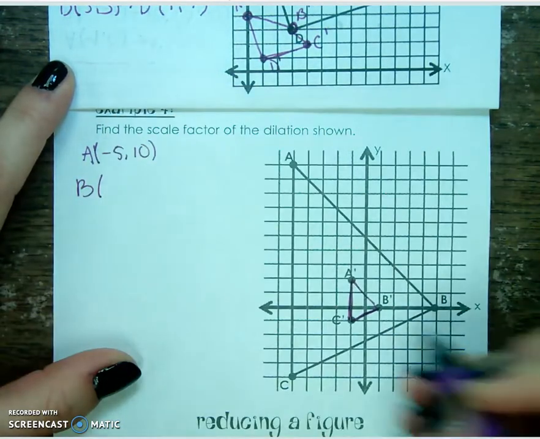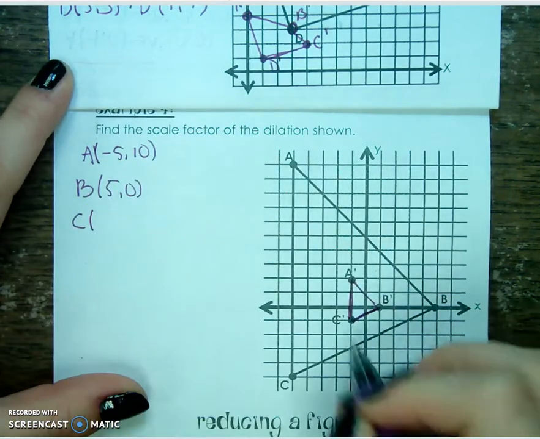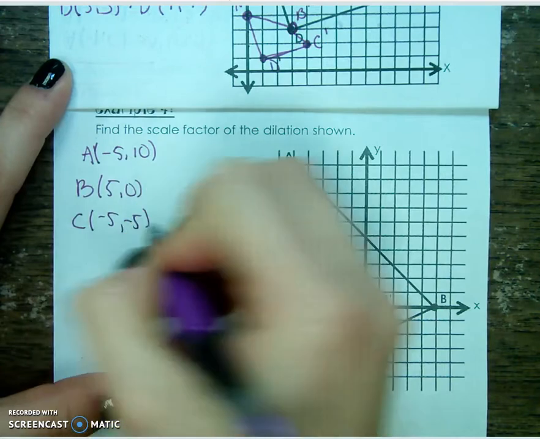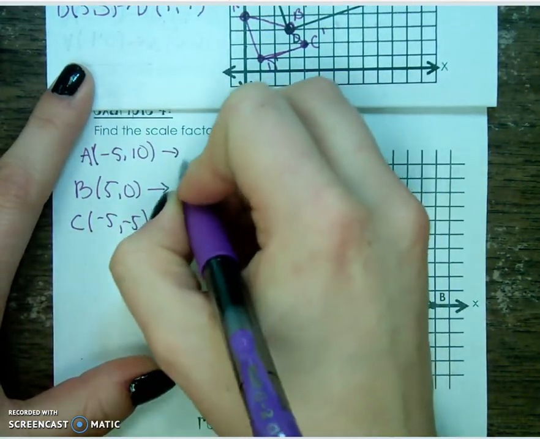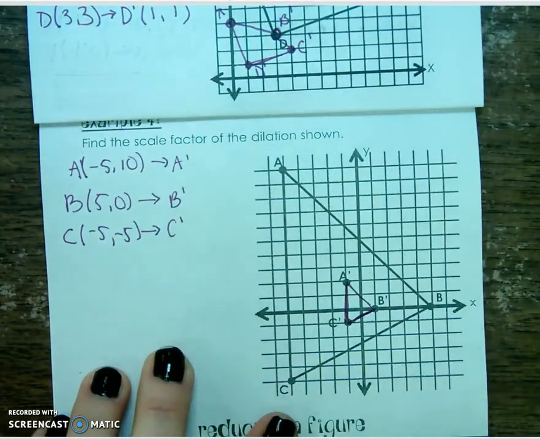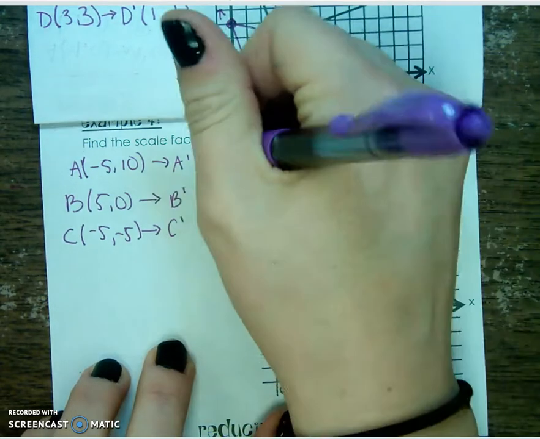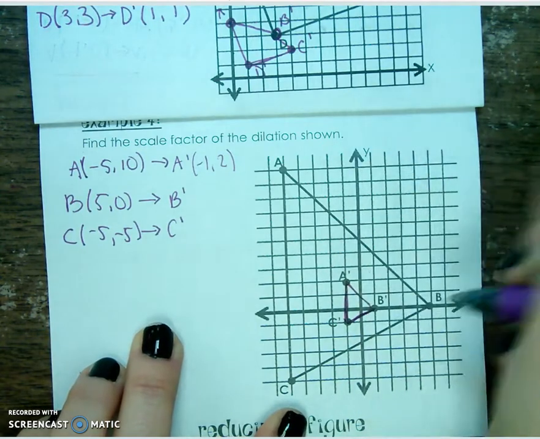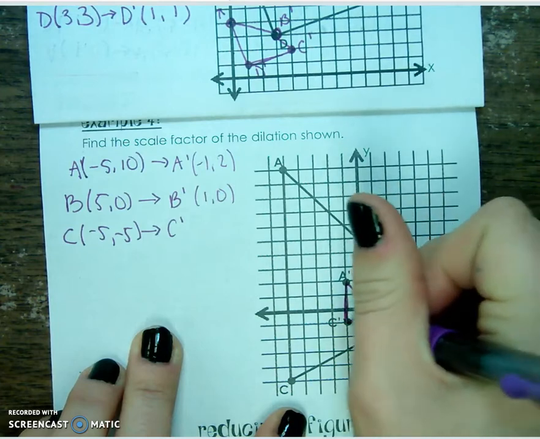B's original point is (5, 0). And C's original point is (-5, -5). And I want to see what happened to get to A prime, B prime, and C prime. Well, A prime's at (-1, 2). B prime is at (1, 0). And C prime is at (-1, -1).